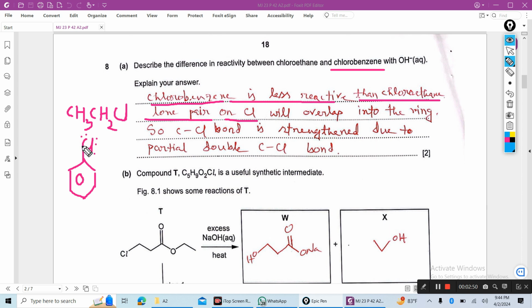Due to delocalization, this carbon-chlorine bond becomes a double bond. A double bond is stronger, that's why chlorobenzene is less reactive.